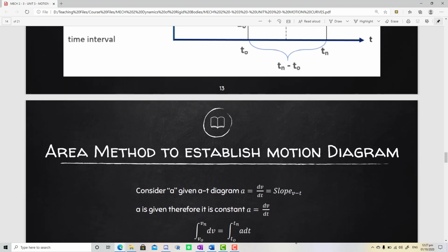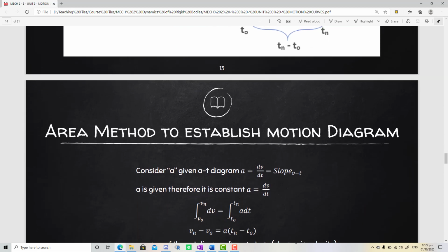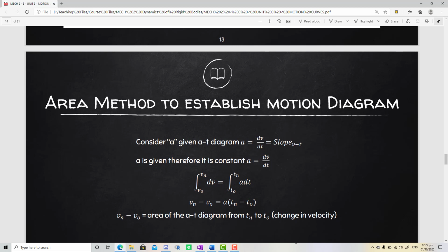It is the same thing, just reversed. If you consider A, given the AT diagram or the acceleration time diagram, A is equal to dv over dt, or the slope of velocity time. A is given, therefore it is constant.